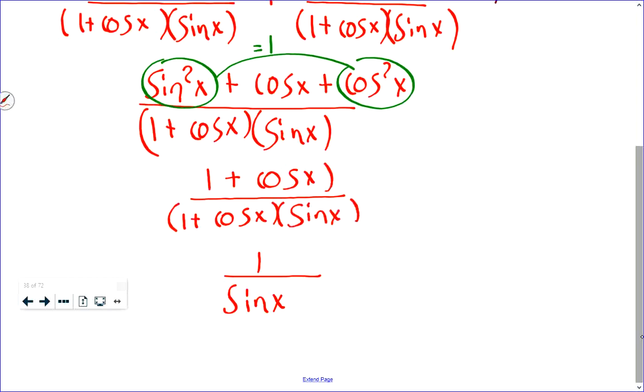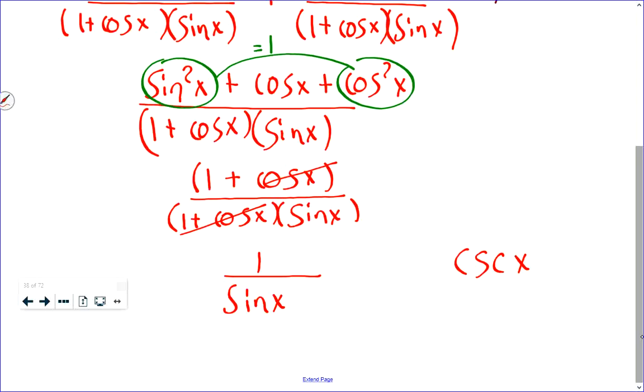So the entire top cancels with the 1 plus cos x, and you're left with 1 over sine x, which is cosecant of x.